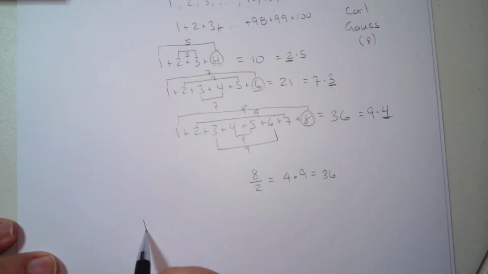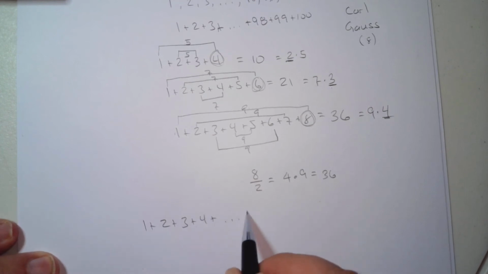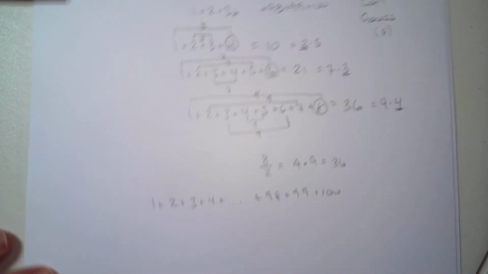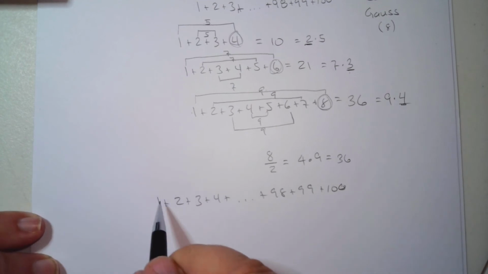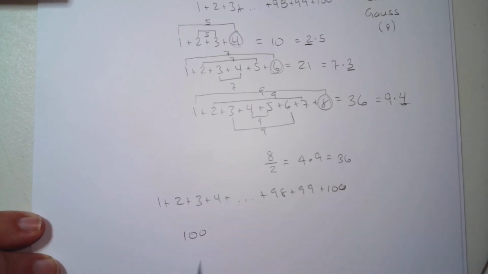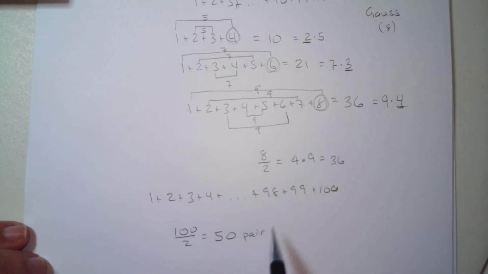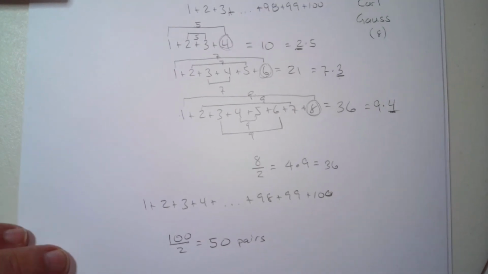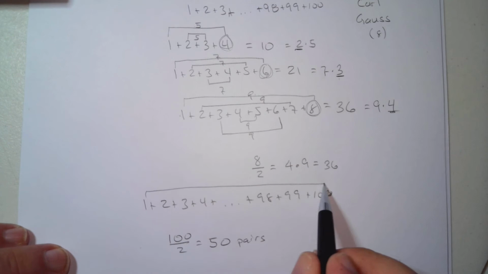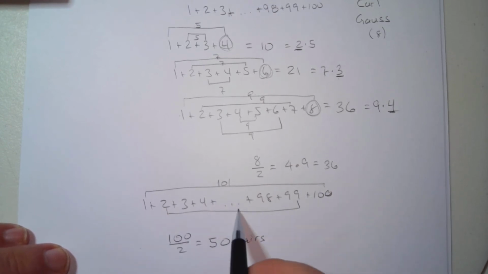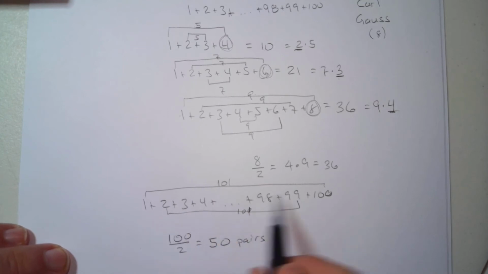So he figured that from 1, 2, 3, 4, all the way up to 98, 99, 100, it would follow the same logic. So we have 100 numbers divided by 2, so we have 50 pairs of numbers. So what do they equal? 1 plus 100 is 101. 2 plus 99 is 101. 3 plus 98 is 101.